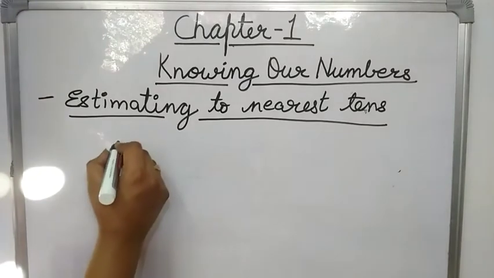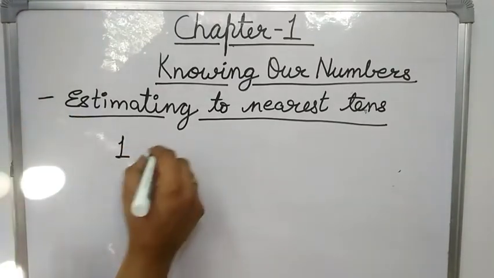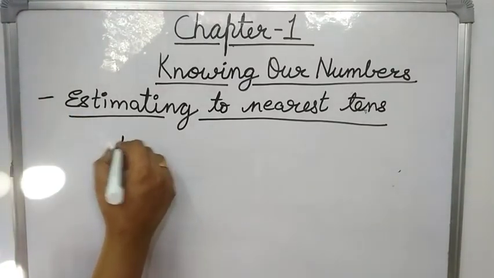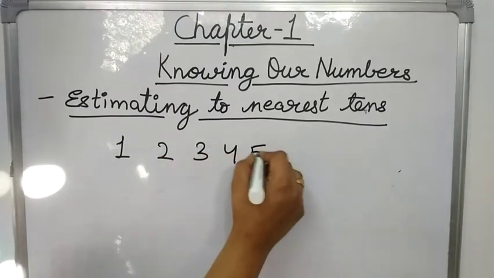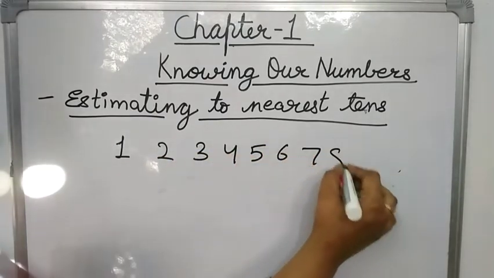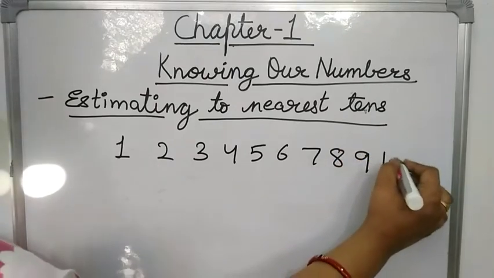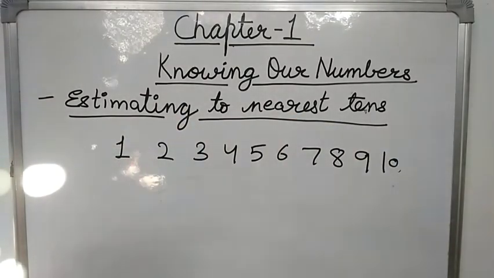Now we have 10 natural numbers like 1, 2, 3, 4, 5, 6, 7, 8, 9 and 10. Now you need to identify numbers which are near to their perfect tens.